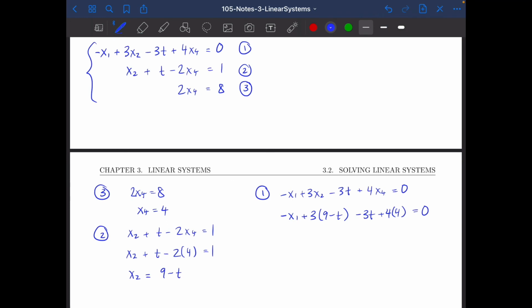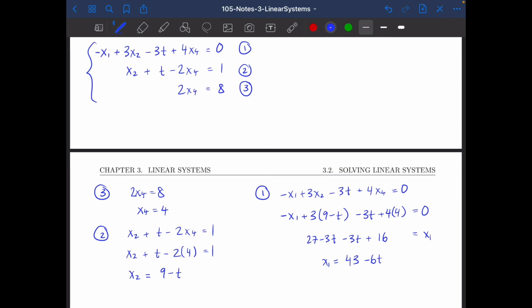To solve for x1, I'll send x1 to the other side of the equation. So x1 is equal to 27 minus 3t plus 16. And so x1 is equal to 27 plus 16 is 43 minus 6t. So we've solved for x1, x2, and x4, and we set x3 to be equal to t.